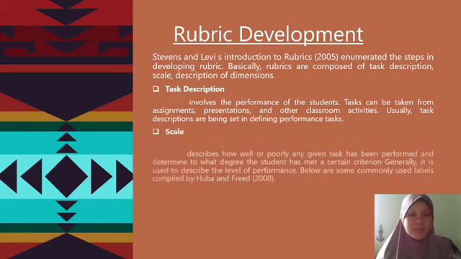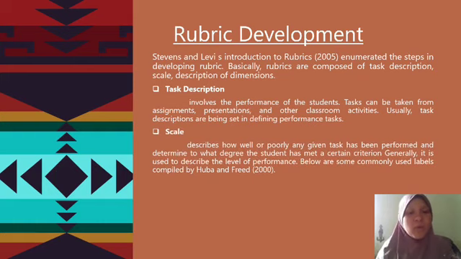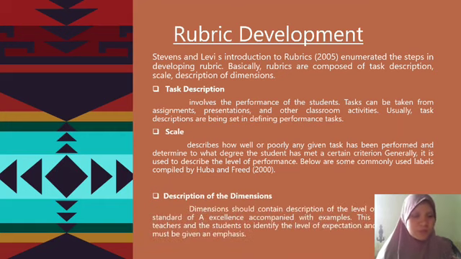Next, scale. Scale describes how well or poorly any given task has been performed and determines to what degree the student has met a certain criterion. It is used to describe the level of performance. Then, description of dimension.